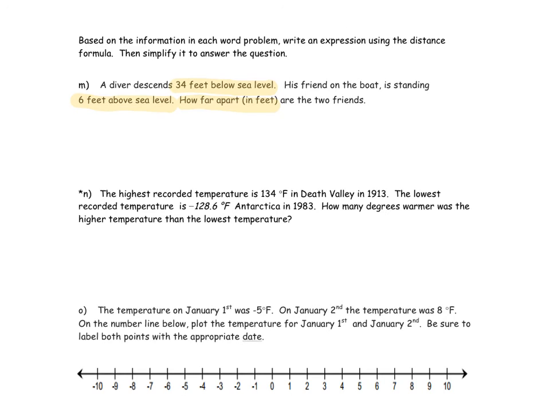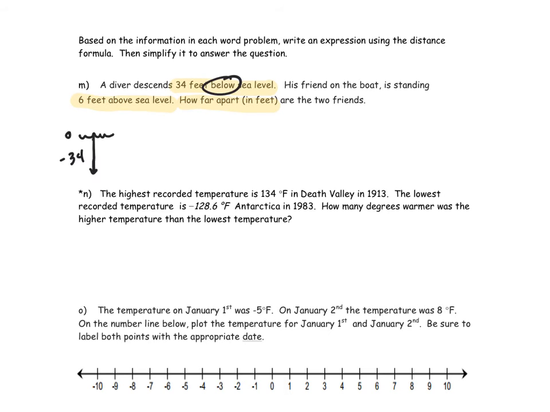So I think drawing a diagram might be very helpful. So let's say that this is the sea, and we're going to call this 0 feet sea level. And if I went down, divers diving below, then we're going to call this negative 34.